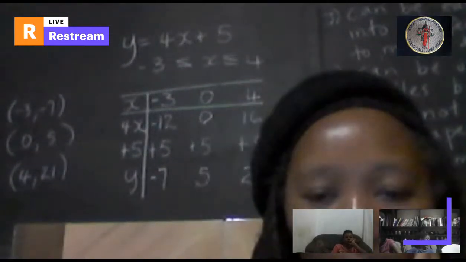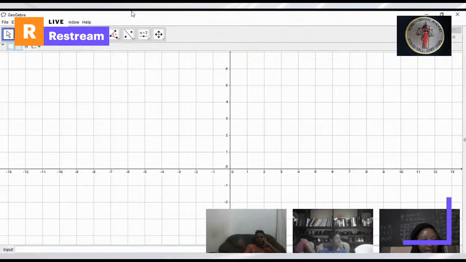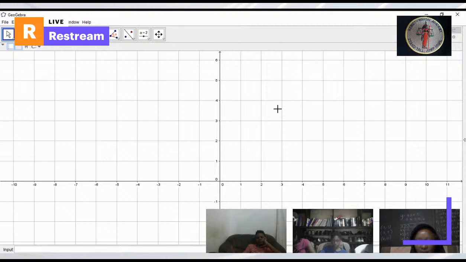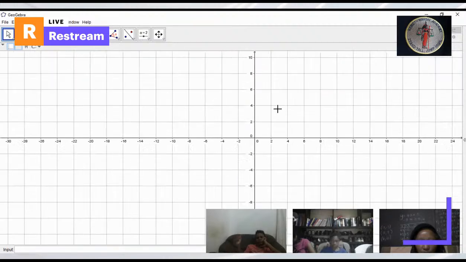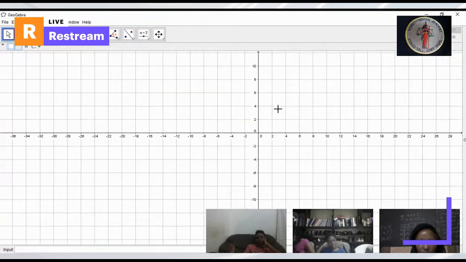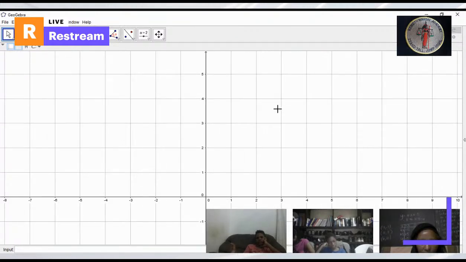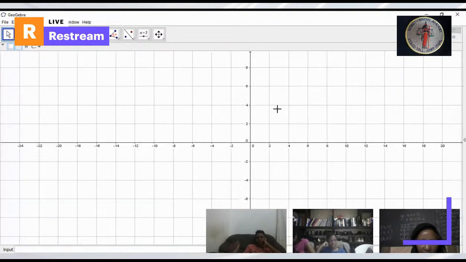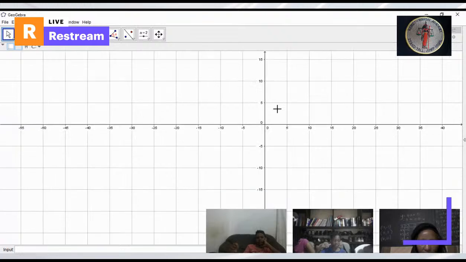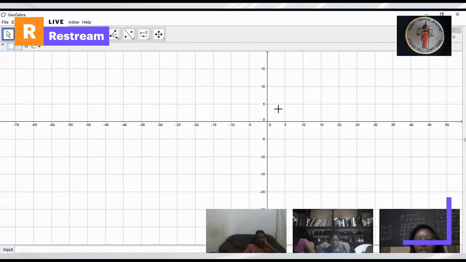And I want my scale. I'm trying to remember how to get the scale. Okay, so I need to zoom out to get my scale smaller. So this is going up by 5.